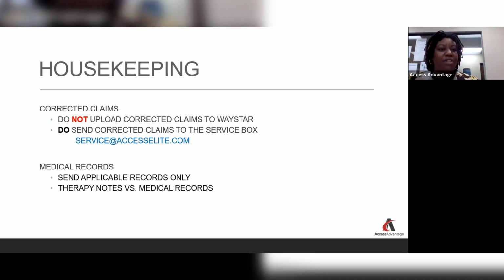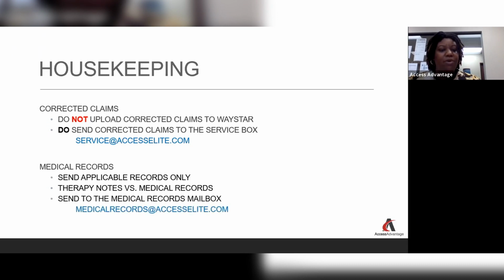If there's an auth denial and we're requesting medical records for a particular therapy service, like there's a partial denial on the claim, we would ask for therapy notes to support why you should receive payment for those particular dates of service. And so you would want to send in just a snapshot of what was going on during that date of service versus the entire medical record. And you can send those medical records over to our medical records box at medicalrecords@accesselite.com.